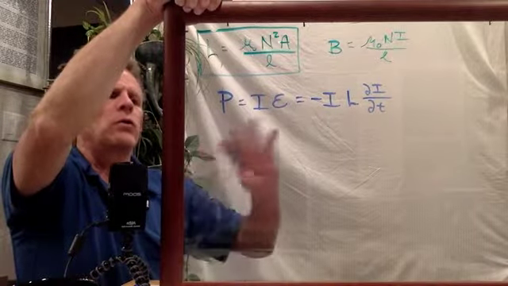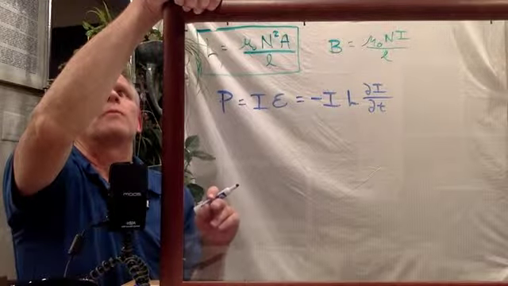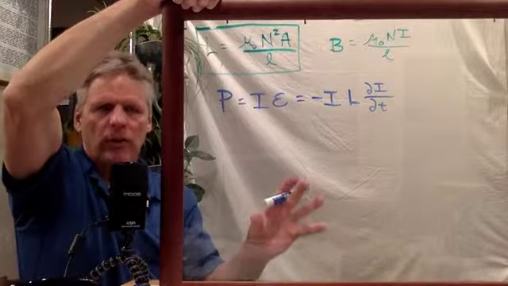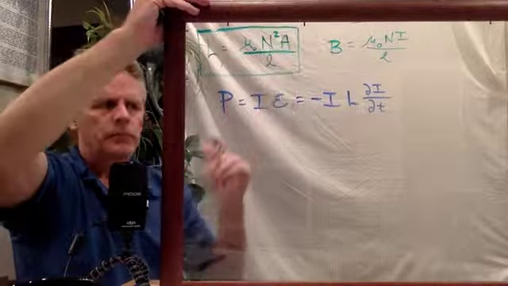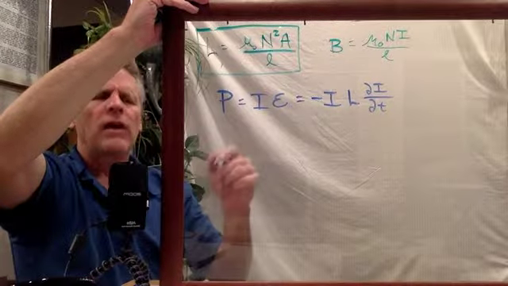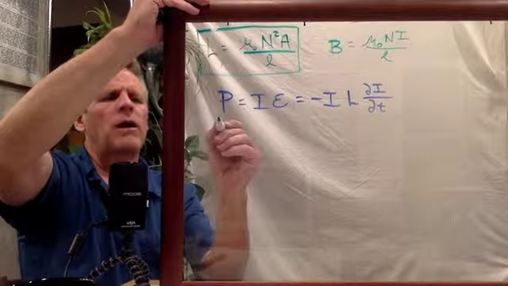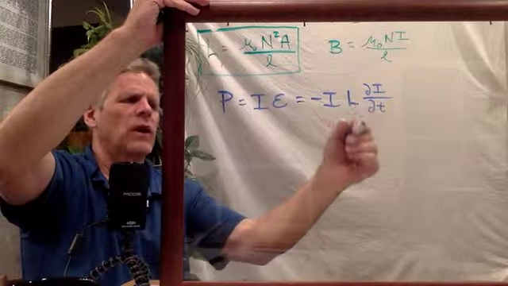This is the power of the solenoid. The question I'd like to ask is, how much energy does it take to get a solenoid charged up? Well, what is power? Power is just energy per unit time. Well, here's our unit time right here.